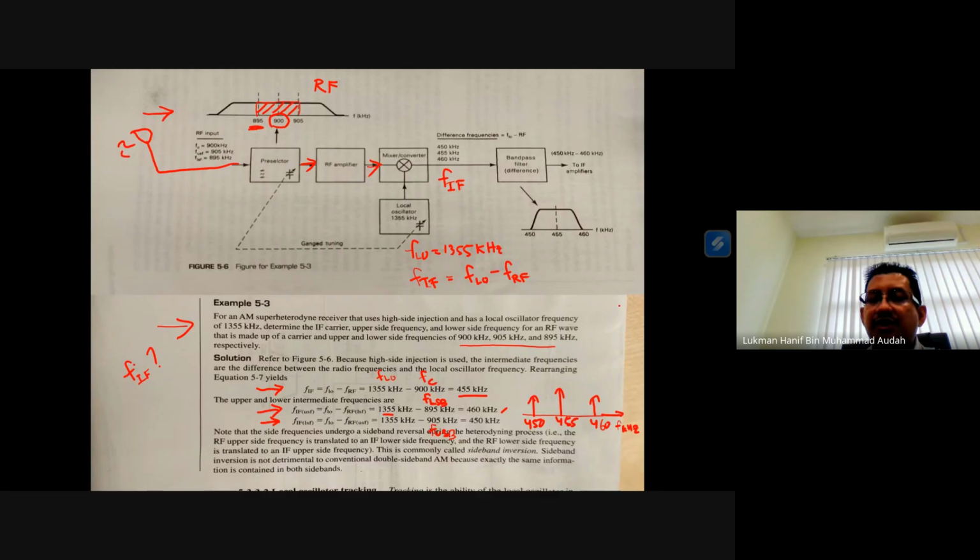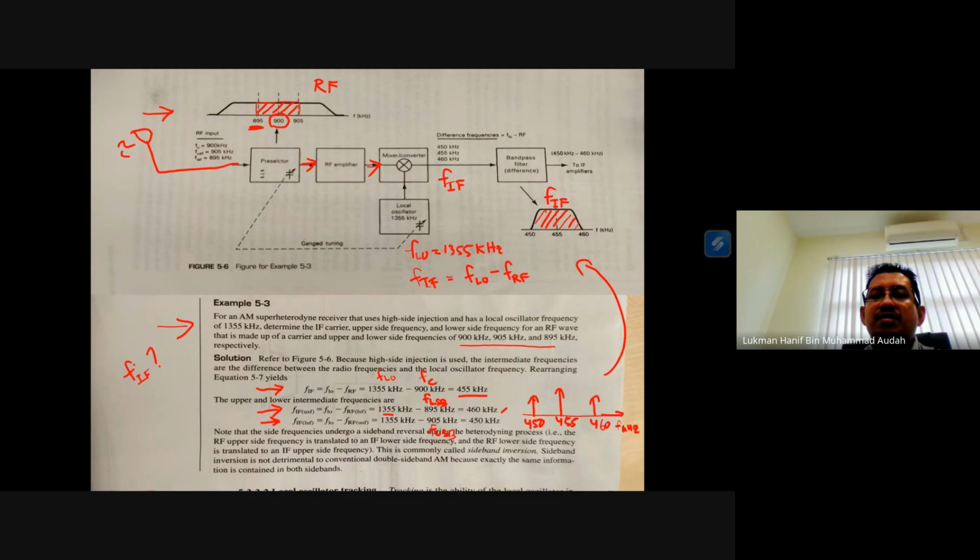And this is already stated over here. So we're going to produce these three components from 450 until 460. So we're going to produce this IF frequency band. These are all the FIF frequencies.